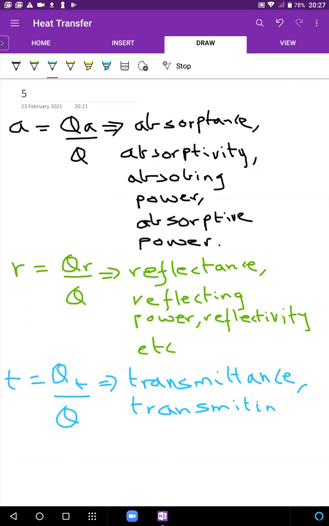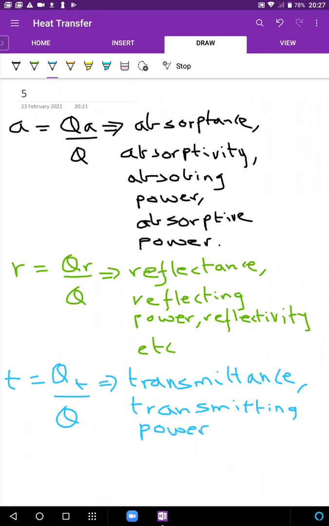Okay, one of you is asking a nice doubt. One of you is saying कि sir, but power तो ऐसा dimensionless नहीं हो सकता है. So please understand, although the name has the word power in it, this is not fundamentally power. This is just a fraction.